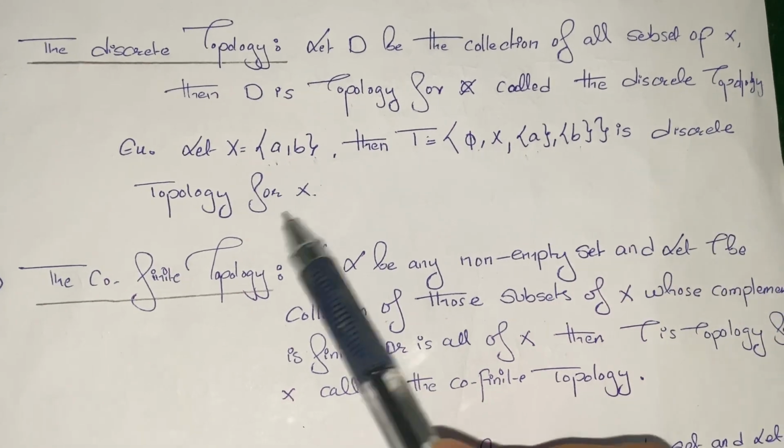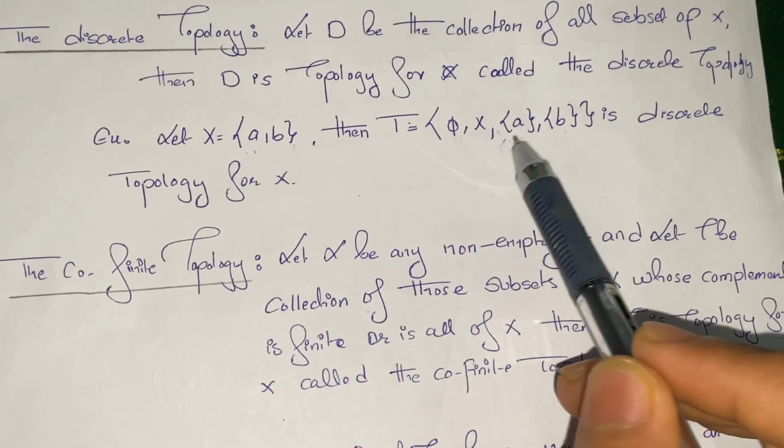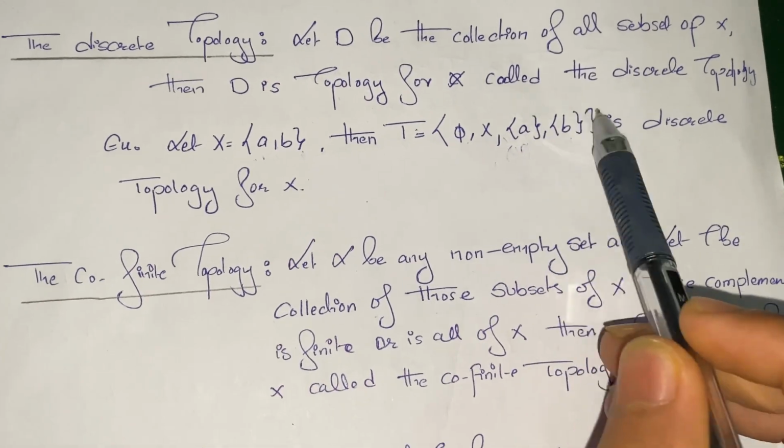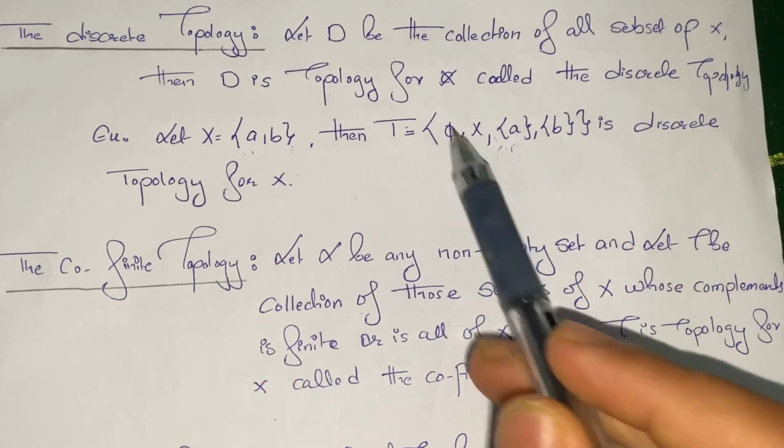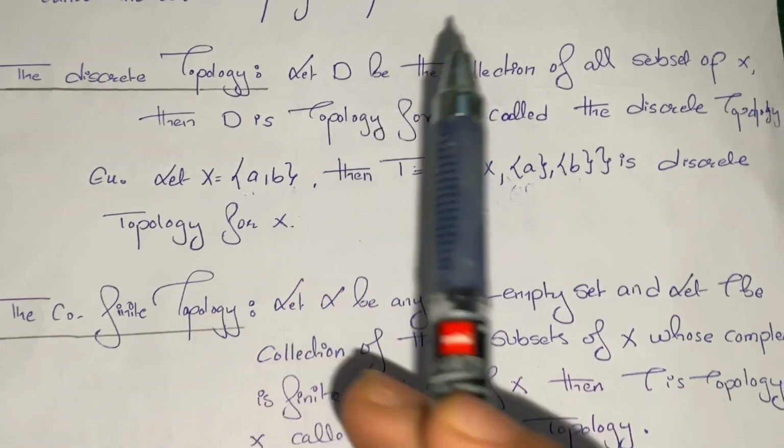Then it is a discrete topology because if you take any two subcollections and take the intersection or union of those two, it always belongs to D. Such a type of topology is called the discrete topology.